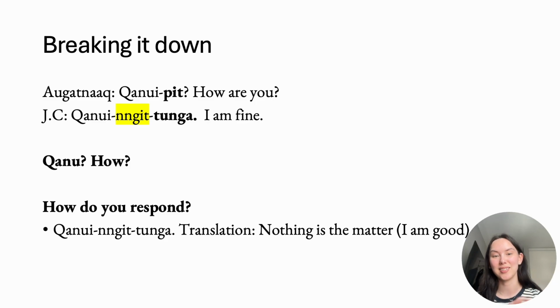So just because there's a not, it doesn't mean it's like a negative answer. Because Kanuingitunga in a direct translation means there's nothing wrong, which is good, means things are fine. So that's why we say Kanuingitunga, which means I'm okay. If you said Kanuitunga, it's like, there's something that's the matter.